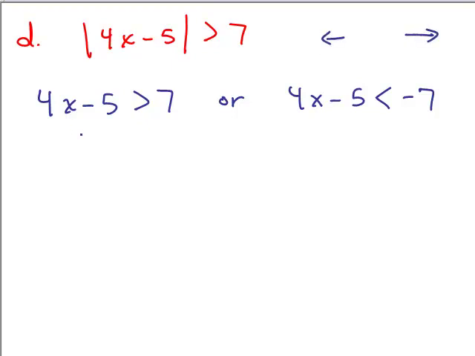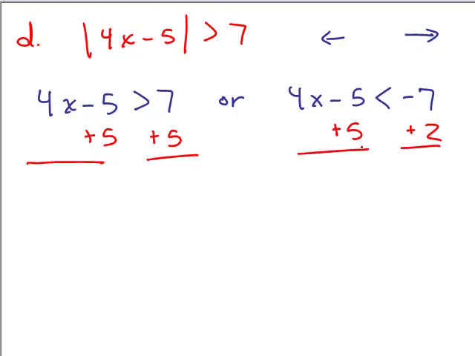All right, so let's solve each of these. Also keep in mind that if the absolute value was not isolated, like if it said plus 3, you'd have to first isolate that. In these examples, both C and D, it was already isolated. So I'm going to add 5 to both sides.